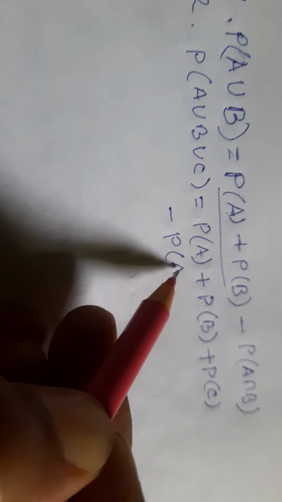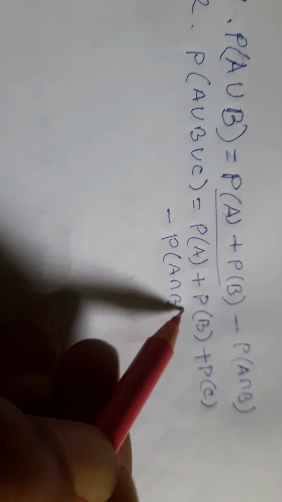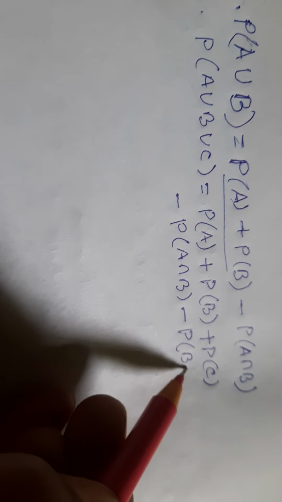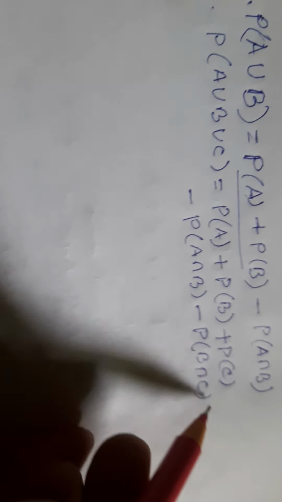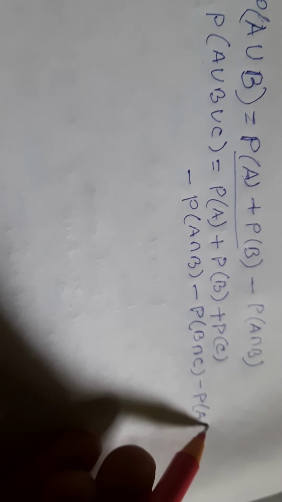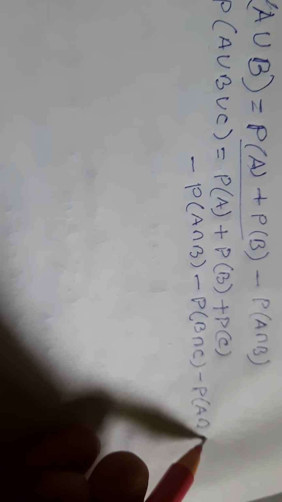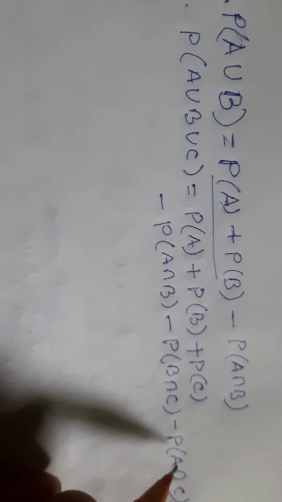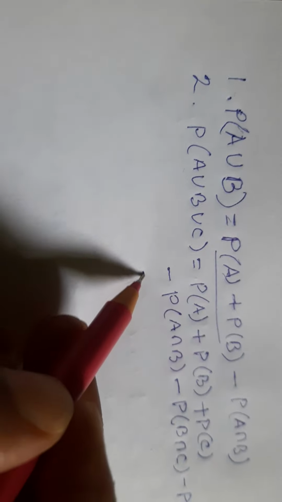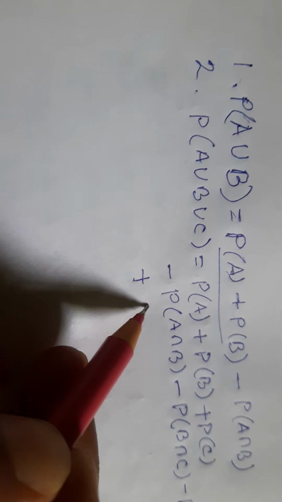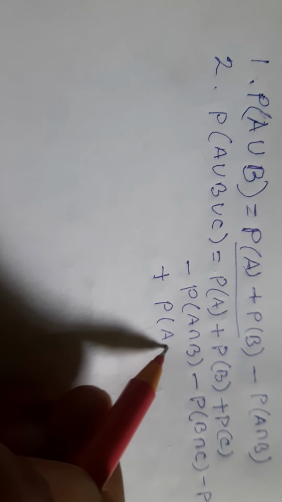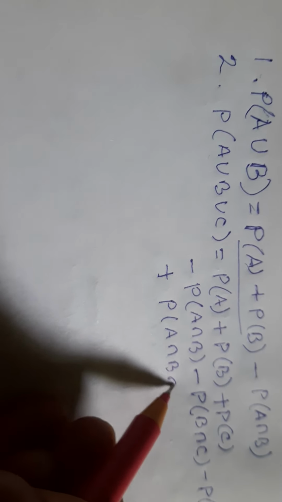So P(A intersection B) minus P(B intersection C) minus P(C intersection A) or A intersection C. It is very clear. Now, after subtraction, there will again be a summation, and it will be of three events, that is the intersection of A, B and C.